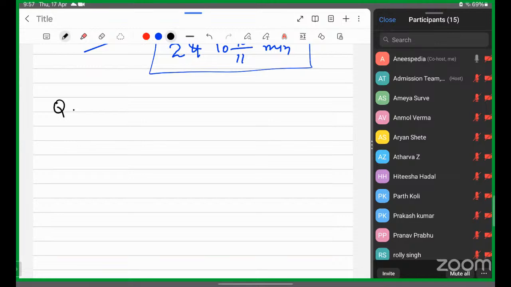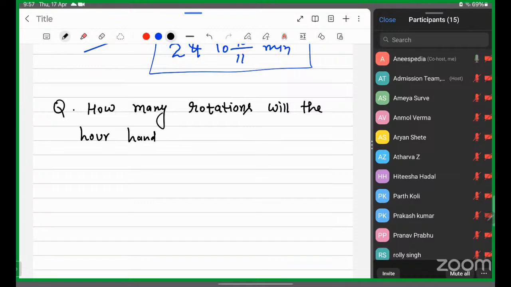Question is, how many rotations will the hour hand of a clock complete in 72 hours?